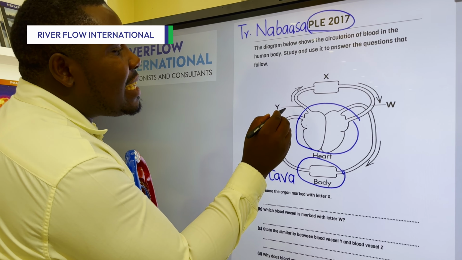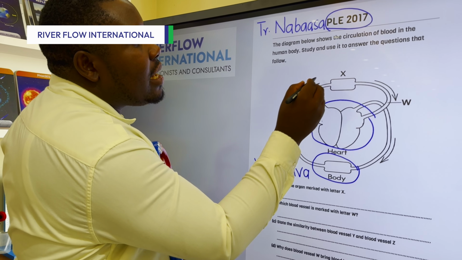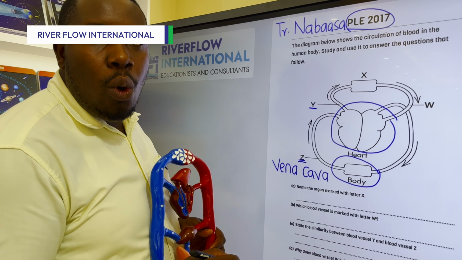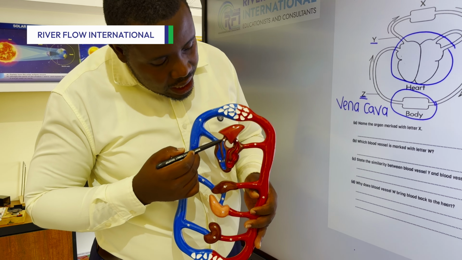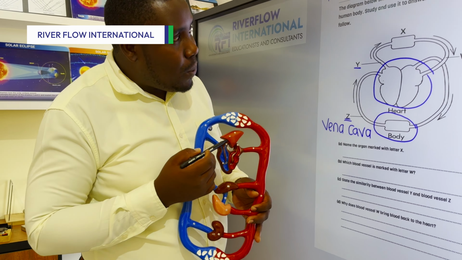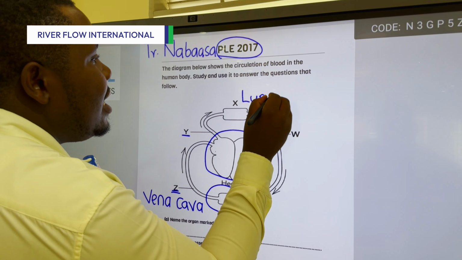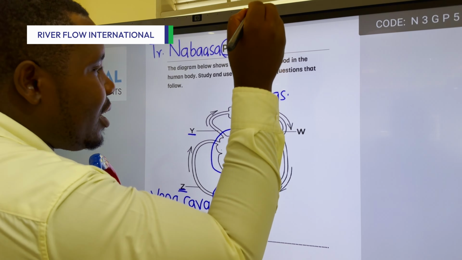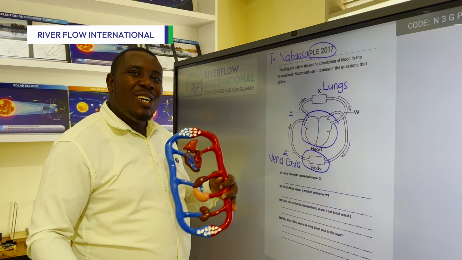And now from the heart, there is another vessel labeled Y. It is taking blood to organ X. And you can see that from the heart, there is a vessel connecting to the lungs. Therefore, this part, which is labeled X, we can say, these are lungs. Okay? Now, which vessel carries blood from the heart to the lungs?